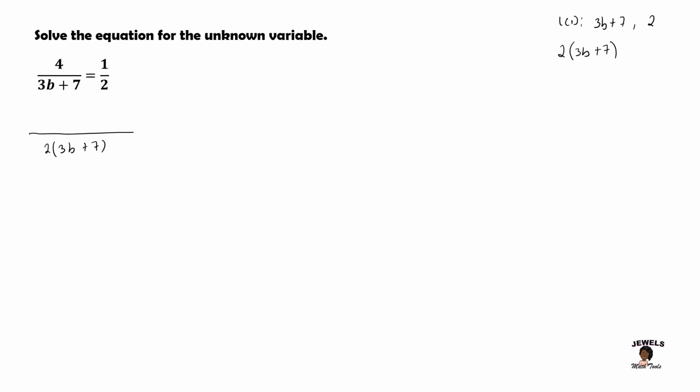So now that we have our LCD, we're now going to convert our fractions into their equivalent form where both parts of our fraction have the same LCD. So let's start with our first fraction, and we will be multiplying that to the LCD.